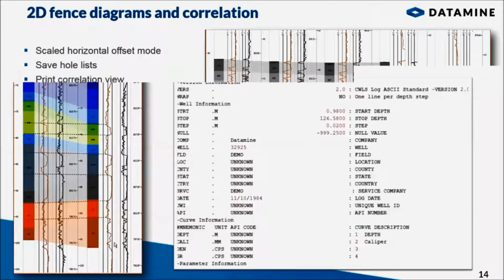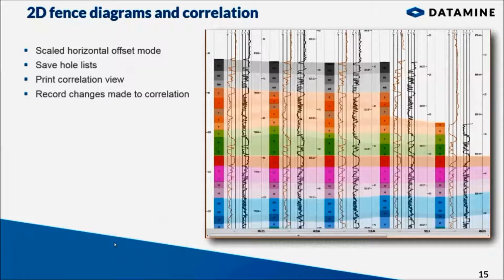Okay, the second area of enhancement that we focused on in version 2.1 was the correlation plots. We extended that functionality to become like a 2D fence diagram functionality. In order to do that, we now allow for scaled horizontal offsets between drill holes.